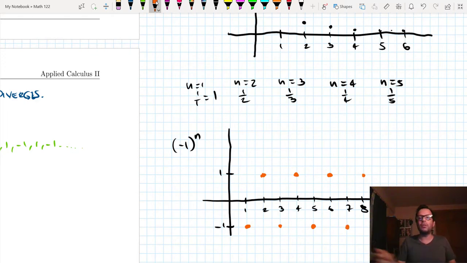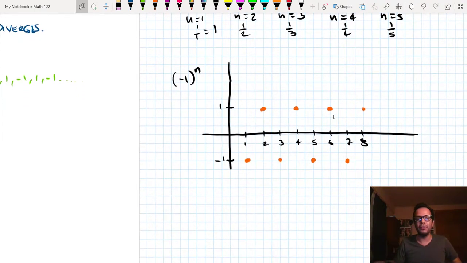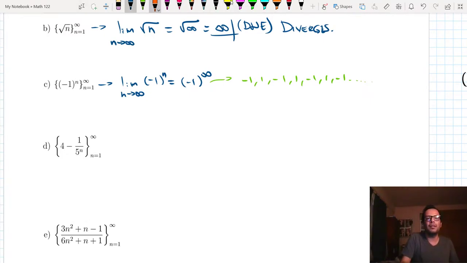This is what the sequence is going to do for the rest of the number line forever as we approach infinity. As opposed to the previous example, where the sequence seems to approach 0, visually, and analytically, by finding the limit, we found that the sequence converges to 0, here this is just bouncing back and forth between negative 1 and 1, so it's not getting anywhere. It's diverging. So that's why the sequence diverges.